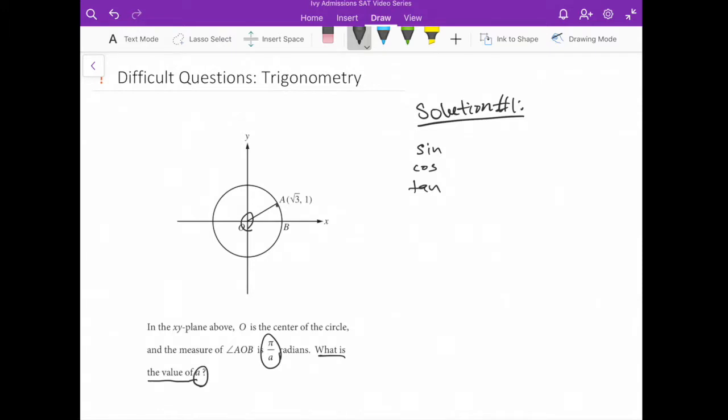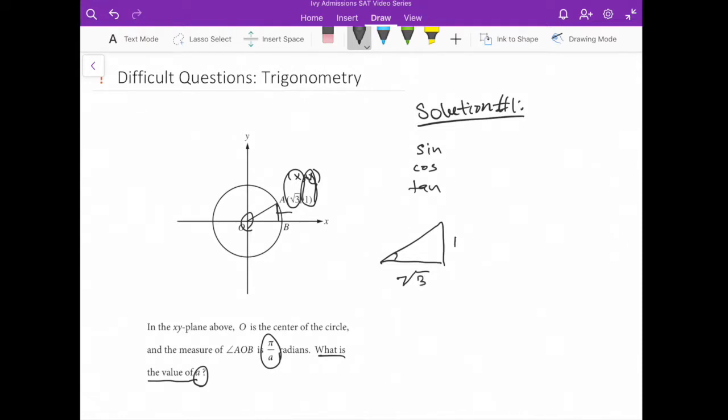Well, in this circle, we can create this interior triangle from AOB, and if we recreate that here, we'll realize that the SAT gives us just enough information to find the side lengths of this internal triangle. It gives us this y-coordinate of 1, so we know that this height corresponds to 1, and that this width, or this x-coordinate, corresponds to the width of this triangle here.